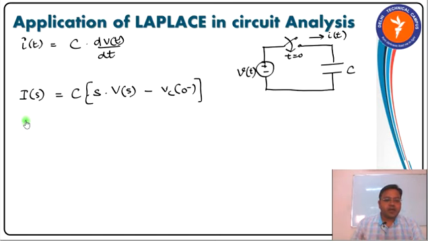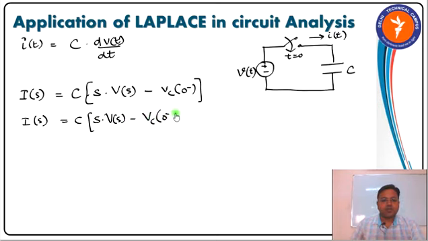Now I can further simplify this equation as I of S equal to C times S V of S minus Vc of 0 negative, sorry, I had to remove this, so this will be CSV of S minus C times Vc of 0 negative.